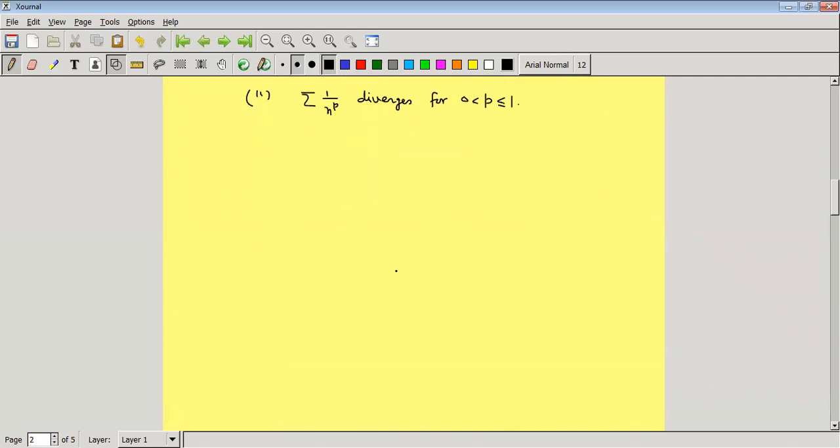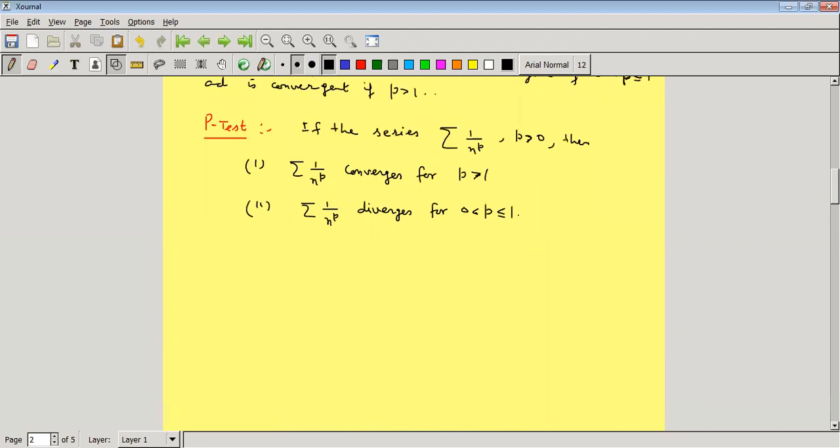So now, what happens if we take p to be less than or equal to 0? We have a series, let summation an be equal to summation 1 upon n to power p, and p is less than or equal to 0.